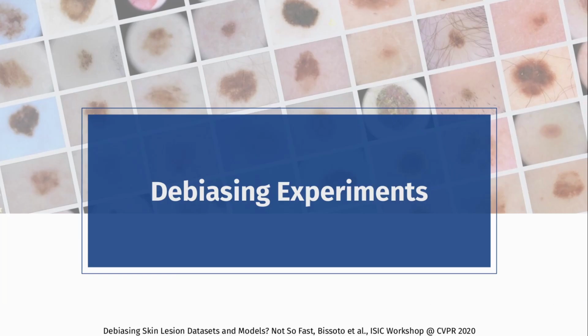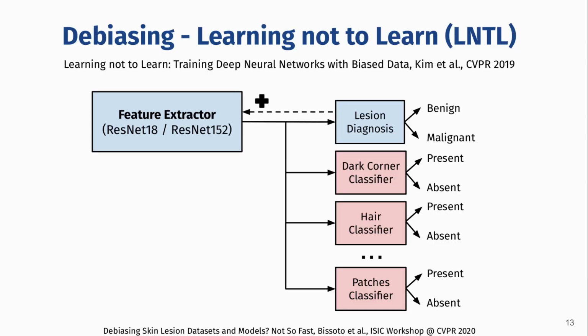In our debiasing experiments, we evaluated the method called learning not to learn, which is the state-of-the-art for debiasing, but it wasn't previously tested on a real scenario problem, and it works like this.